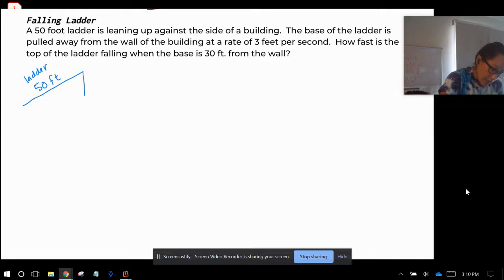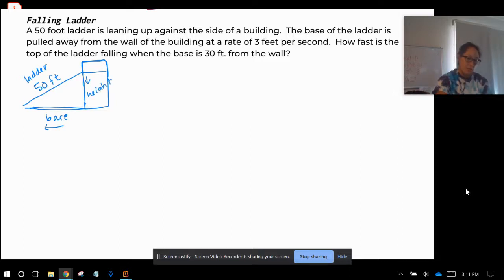And the height of the building, it's resting on a building that could be taller. And then the base here, the ladder is being pulled away and the ladder is falling down the height of the building. Okay. So I use my 50-foot ladder.